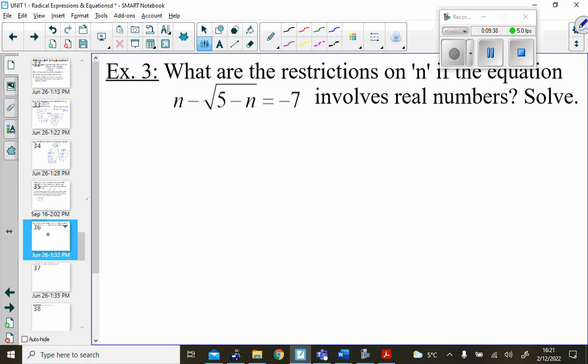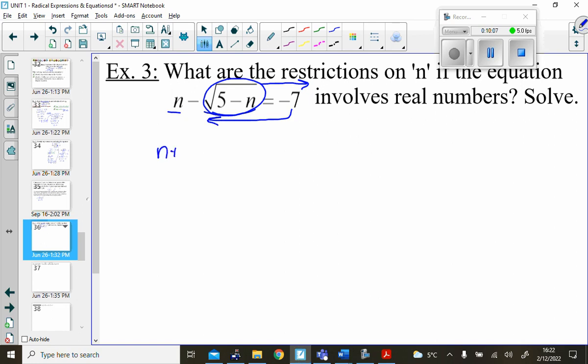Okay, so now in this question, you see a regular variable, n, you see a radical, and a 7. But the steps are still the same. Isolate the radical. Now this radical sign is negative, so I'm actually going to take it to the other side and make it positive, and I'm going to take the negative 7 this way and make it positive.